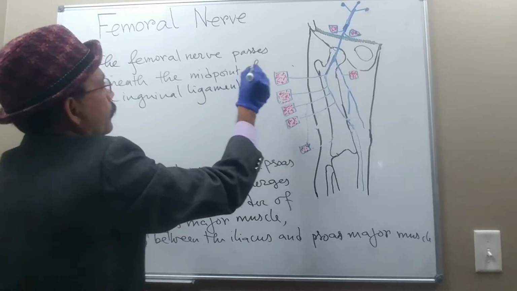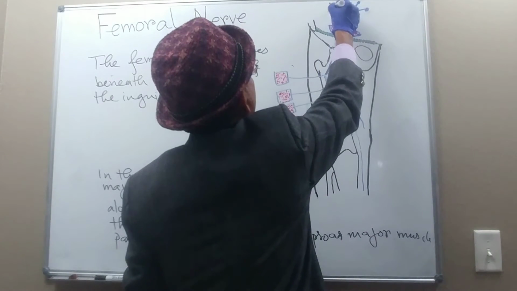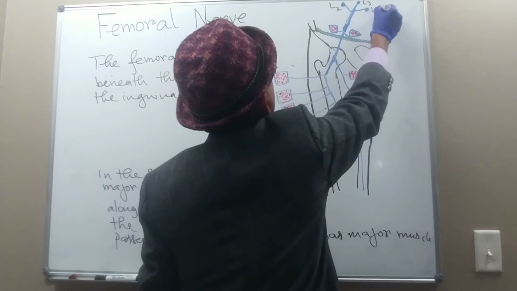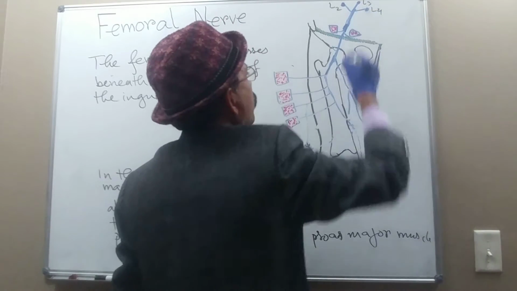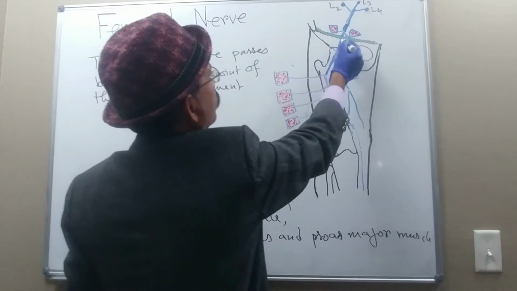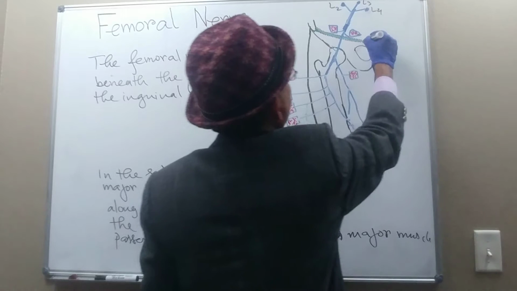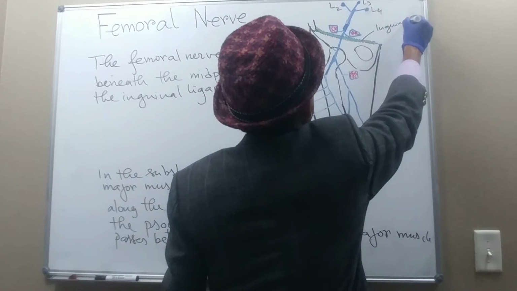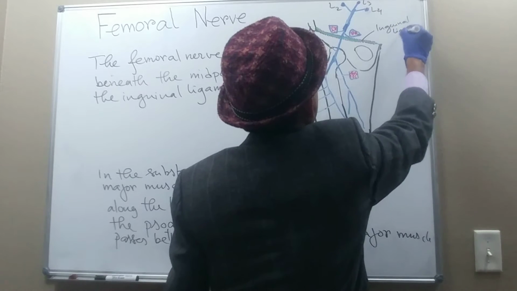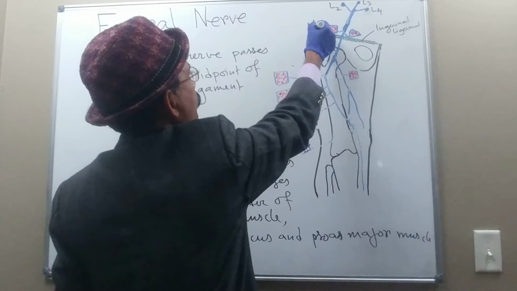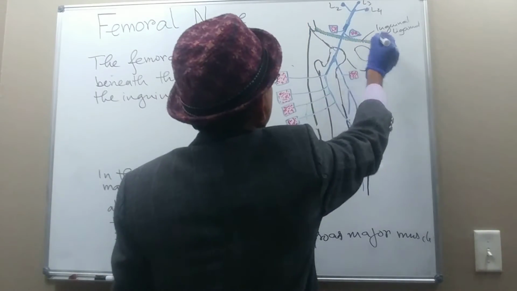Okay, so this is L2, this is L3, this is L4, this is the femoral nerve, and it passes beneath the inguinal ligament. The inguinal ligament runs from the anterior superior iliac spine to the pubic tubercle.